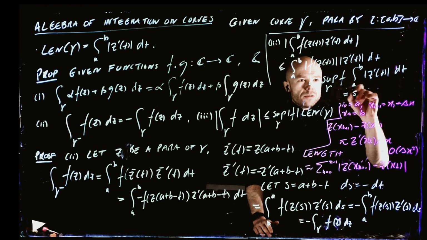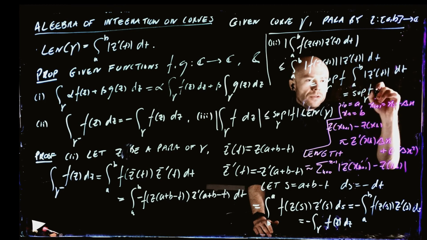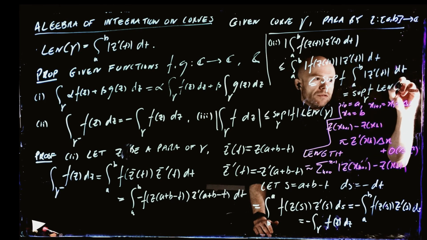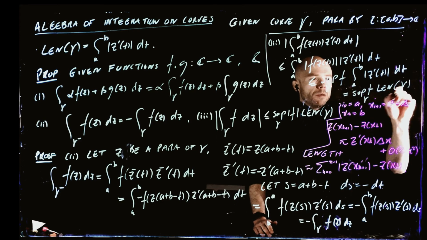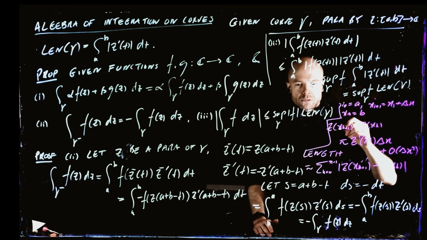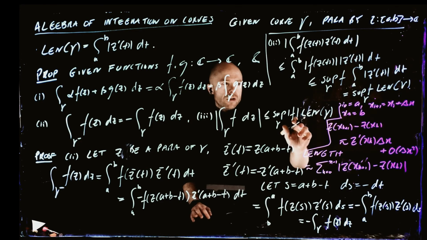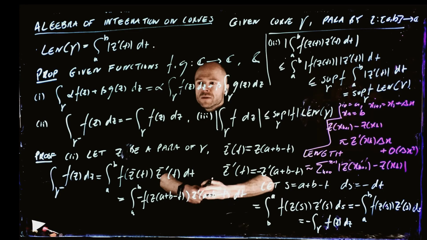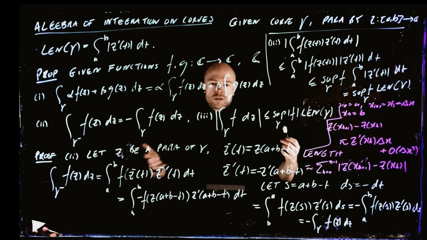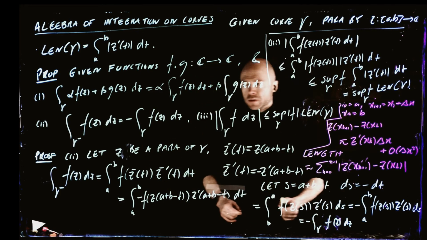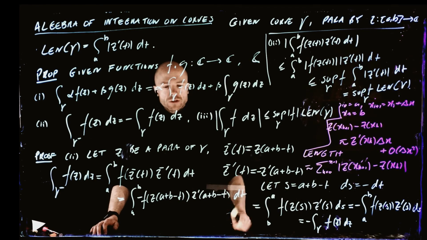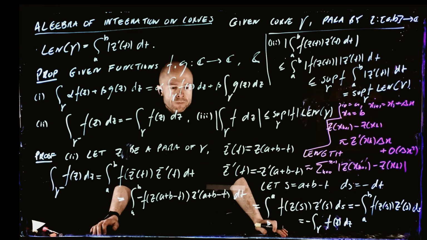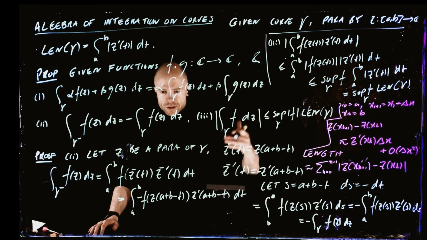So this is the supremum of f over the curve times the length of the curve gamma. And that's what we want, and that's what we expect, and that's what's true. So that is this formula here. So these basic properties of complex line integrals, complex curve integrals, what we just call complex integrals going forward, because these are the kinds we're going to be doing all the time, follow easily. Everybody happy before I erase the board? Cool. All right.